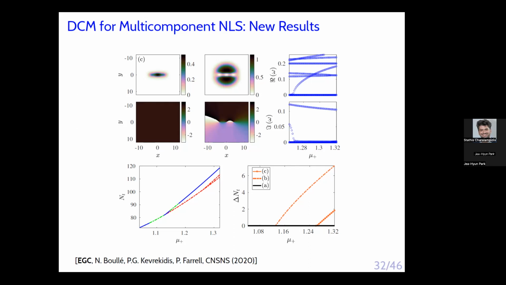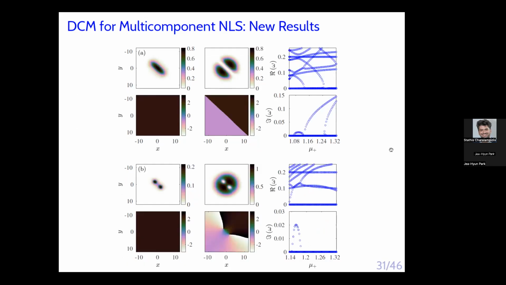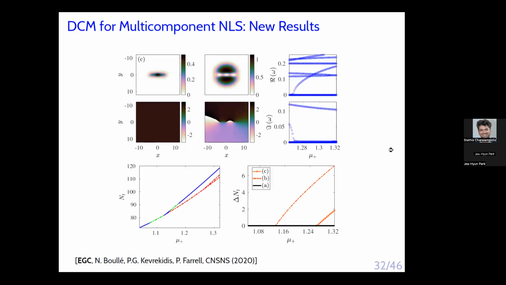Now, a diagnostic that is quite useful when it comes to those bifurcations is that you can measure the total number of atoms difference with respect to the parent branch. So the parent branch is this one. So you measure essentially the difference of atoms from this state with respect to that one. So you can very carefully see where those solutions can be formed in the parameters.